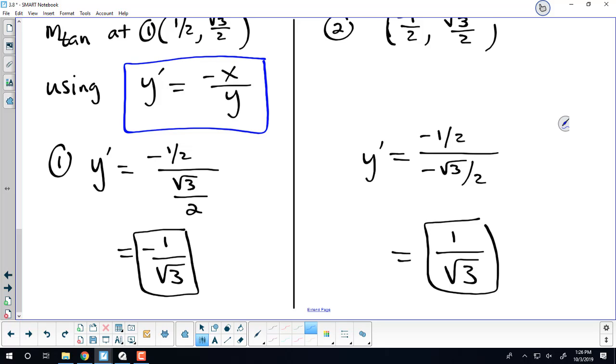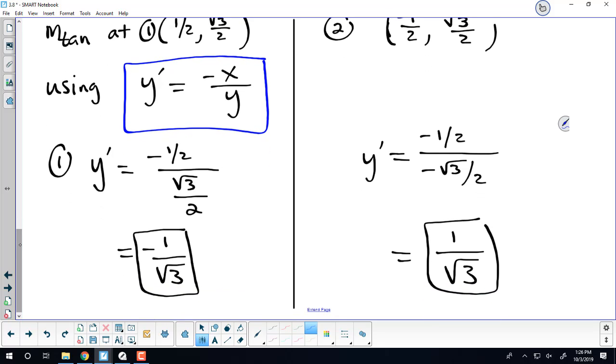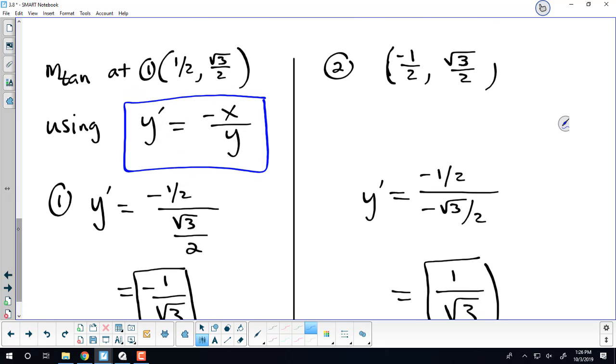It's already there. So at the point 1/2, root 3 over 2, we have negative 1/2 over root 3 over 2, which gives us negative 1 over root 3. And of course, since the point 1/2, root 3 over 2 is in the first quadrant, like we said, we had a negative slope at that point, which is validated here as negative 1 over root 3.